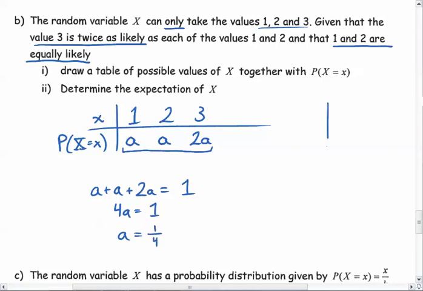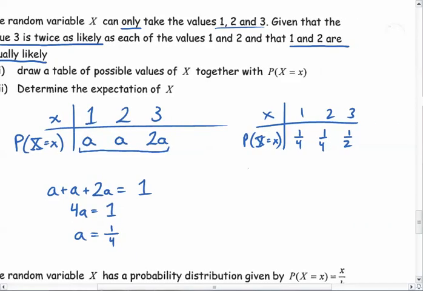So that means if I want to write out this table with the probabilities, I have 1/4 chance for 1, 1/4 chance for 2, and 2 times 1/4 is 1/2. 1/2 plus 1/4 plus 1/4 is 1. And getting a 3 is twice as likely as getting a 1 or a 2.